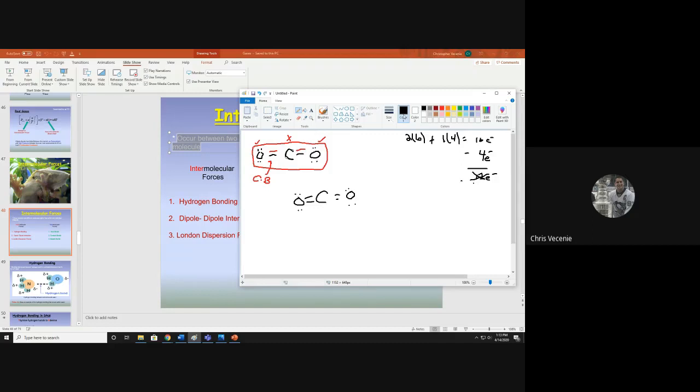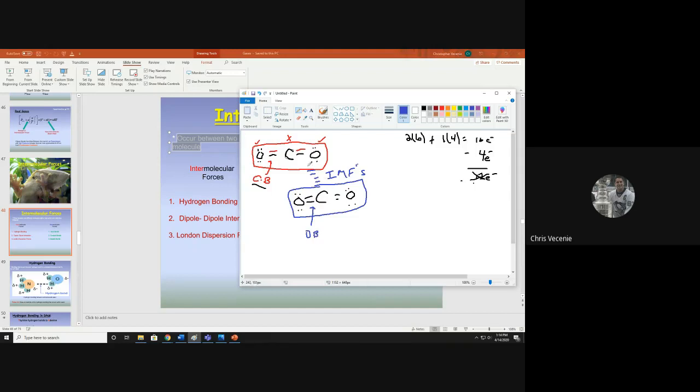But an intermolecular force isn't talking about the bonds between the C's and the O's. It's talking about the interaction of this guy with this guy. There are attraction forces between the two different molecules. And in covalent bonds, the names of those intermolecular forces are different than the names of the bonds. That is a double bond.